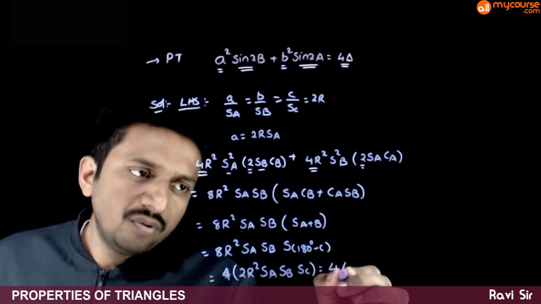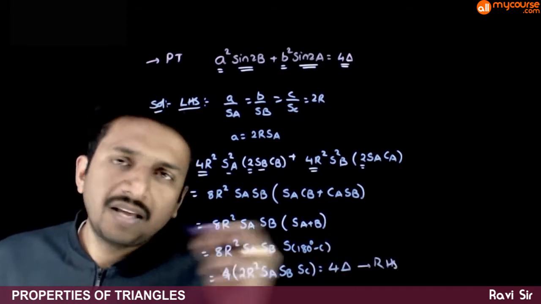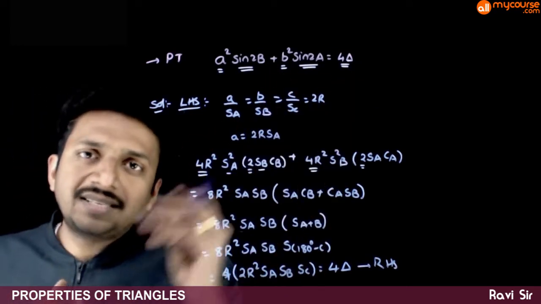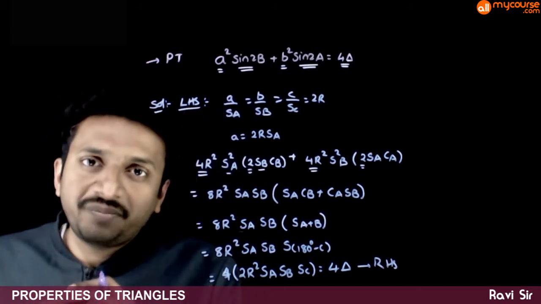So that is equal to 4 delta, which is the right hand side. Hence, the left hand side expression is exactly equal to the right hand side expression. Hence, this result is proved.